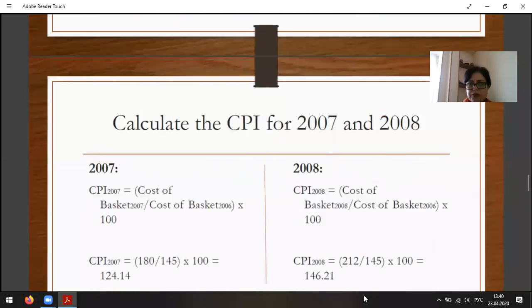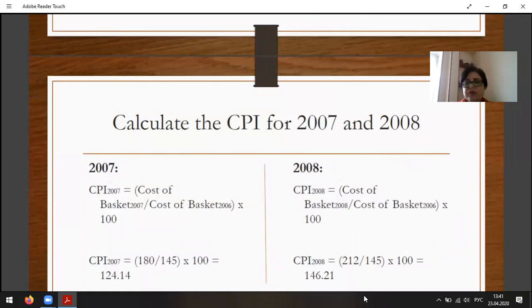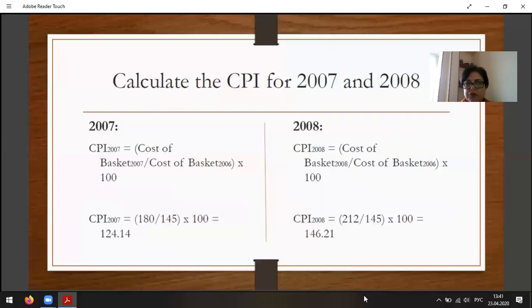Now we turn to the calculation of respective consumer price indexes for 2 years, 2007 and 2008. Look, what do we need to do? Again, we strictly follow the formula. So to find the CPI for 2007, we need to divide costs or expenditures of market basket for 2007 by the costs or expenditures of market basket base 2006 year, and the result multiplied by 100%.